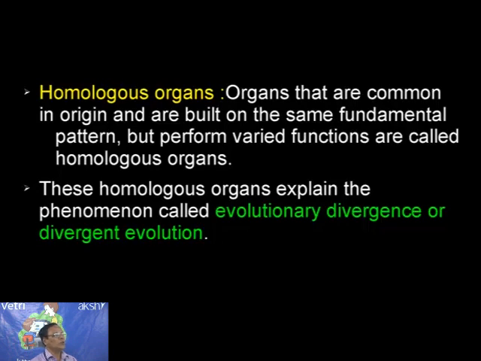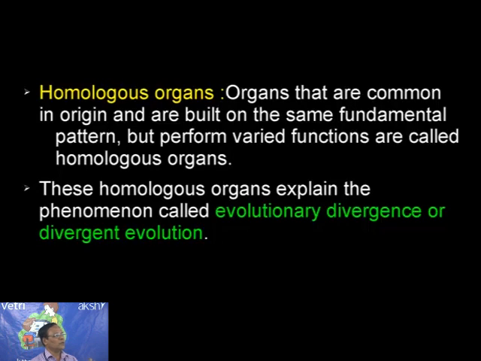All the bones have descended from the mesoderm. Though they have the same basic fundamental structure, the horse limb is used for running, for whales or dolphins it is used for swimming, and for birds and bats it is used for flight.